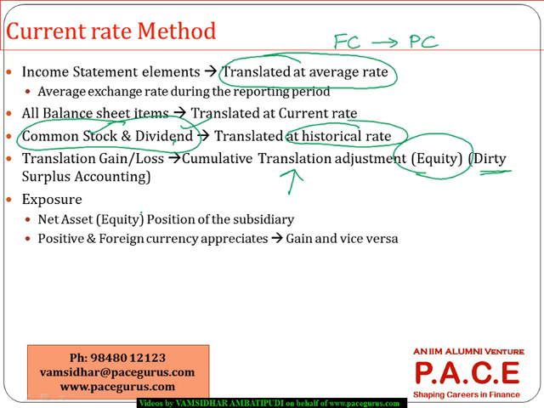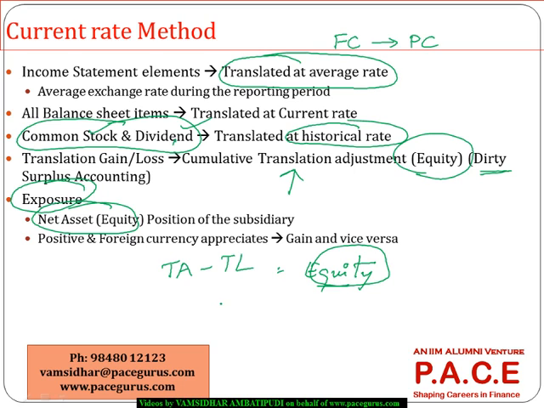From this company's perspective, the exposure to the foreign currency is purely based on the net assets. Net assets are nothing but the total assets minus the total liabilities, which is the exposure to the equity of the subsidiary.